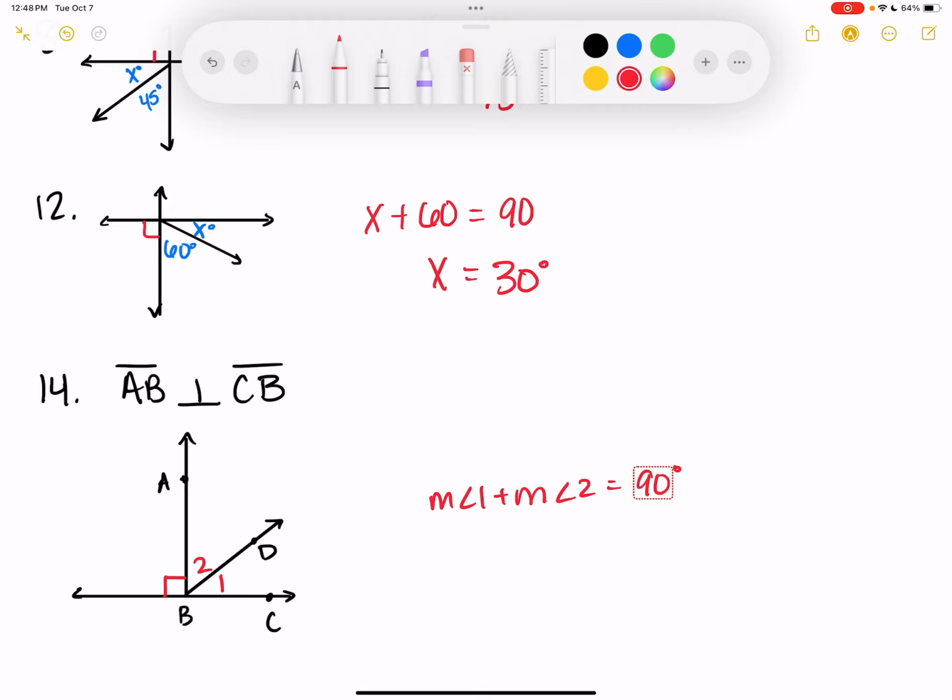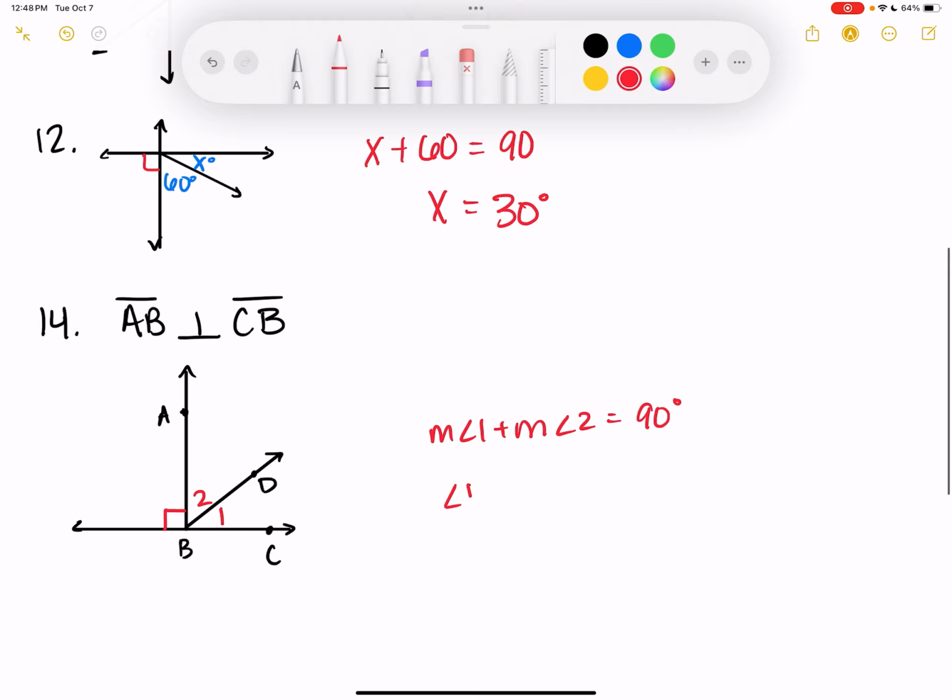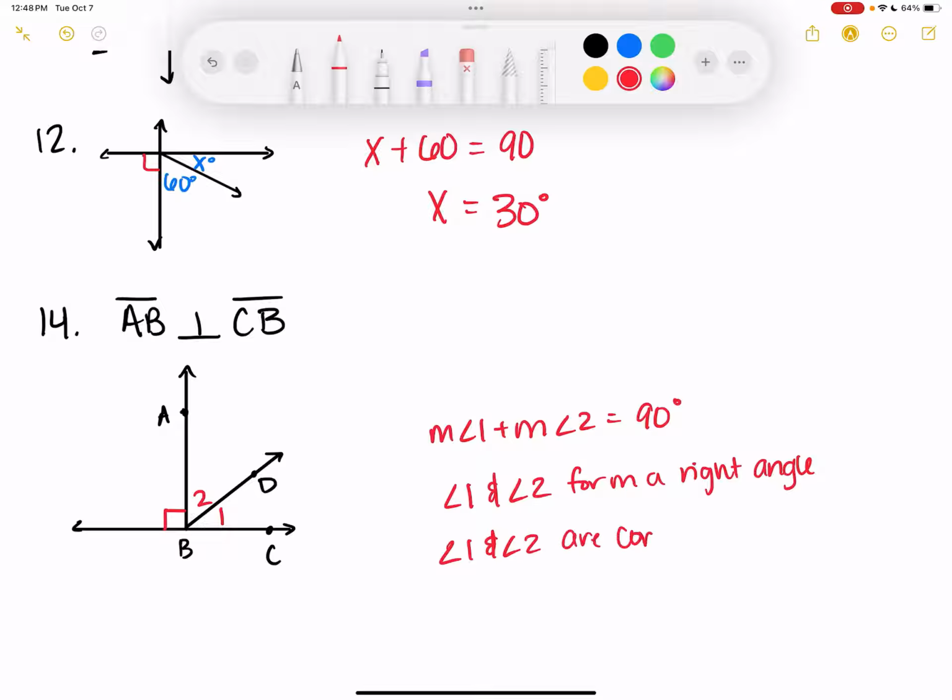Complementary, and I think somebody said right angle. Yes, so angle 1 and angle 2 form a right angle, if they're added together, obviously not each one individually, but together. And then angle 1 and angle 2 are complementary.